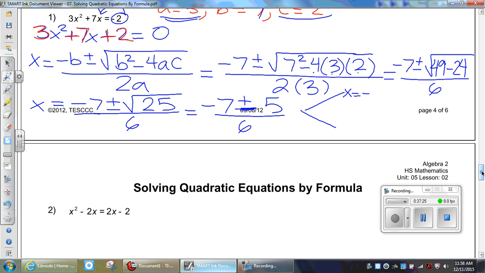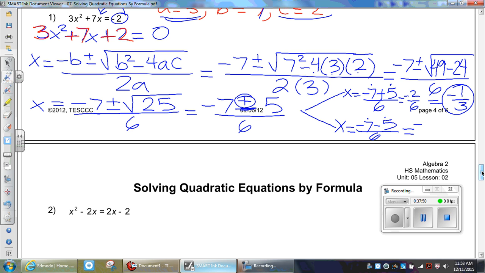One will be negative 7 plus 5 divided by 6, the one with a plus, and the other one will be the one with a minus, negative 7 minus 5, everything divided by 6. So the first one will be negative 7 plus 5, that is negative 2 over 6, so that is equal to negative 1/3. The next one will be negative 7 minus 5, that is equal to negative 12 over 6, and so that will be equal to negative 2. Those 2 are the solutions.